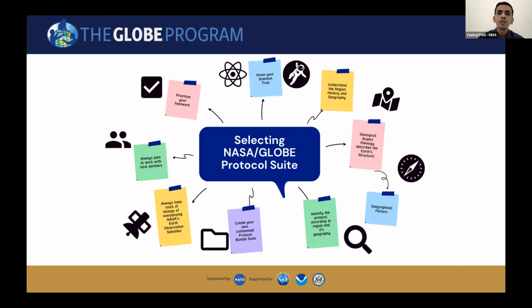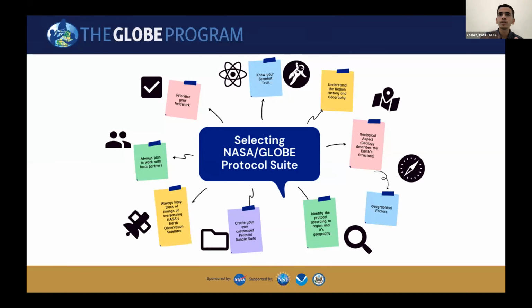And also try to work with local partners. With our expedition, we had students from the Ladakh Science Foundation. They were very well acquainted with the topography, and they were explaining in a better manner. So you could get more inputs from the local people. So try to work on those things and prioritize your field work.